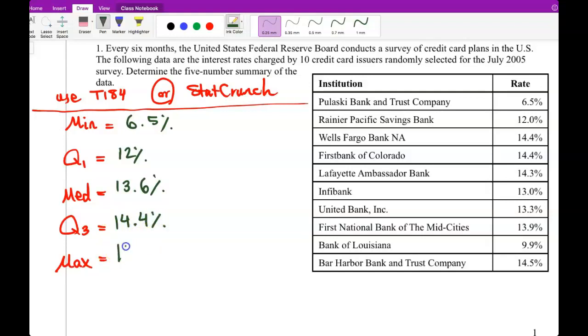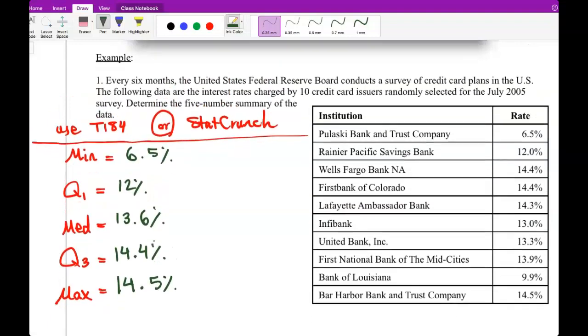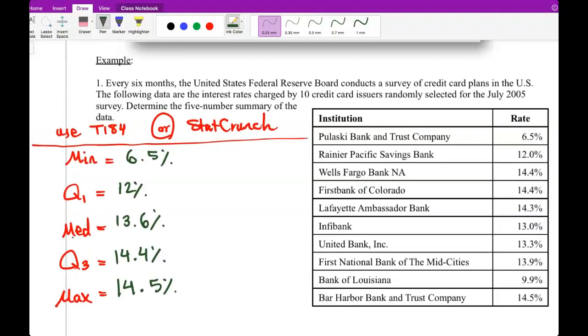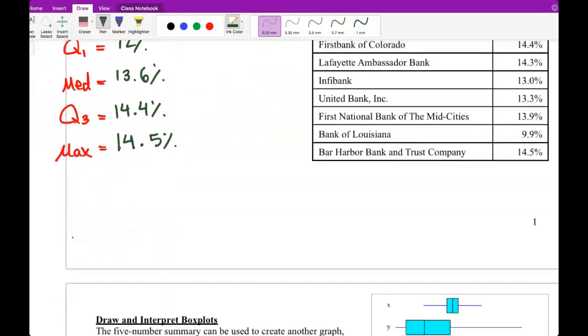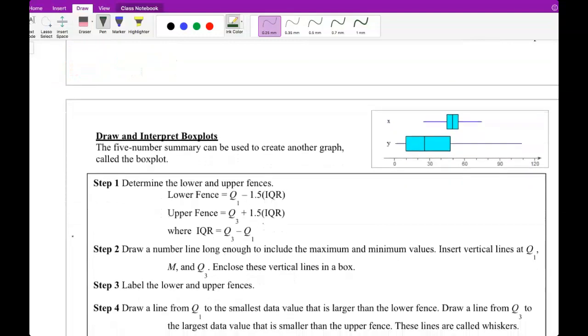And finally, the max is 14.5%. Okay, so these are the 5 number summary. Next page.